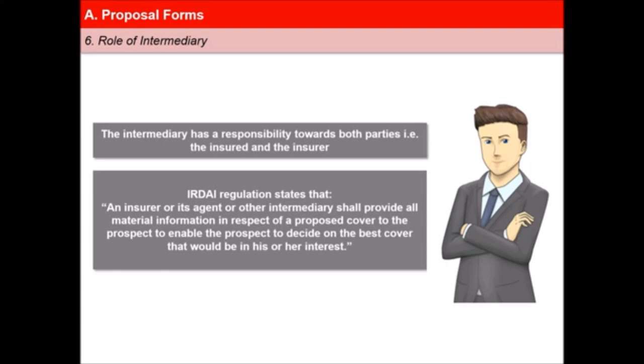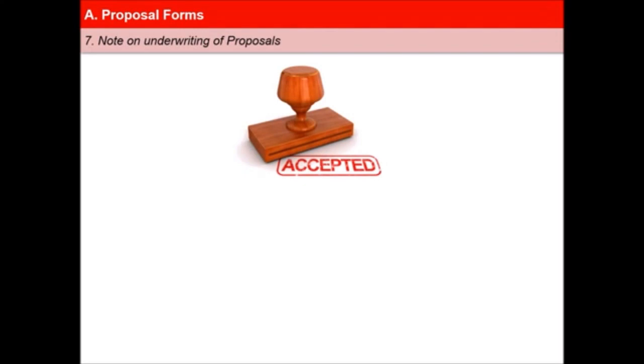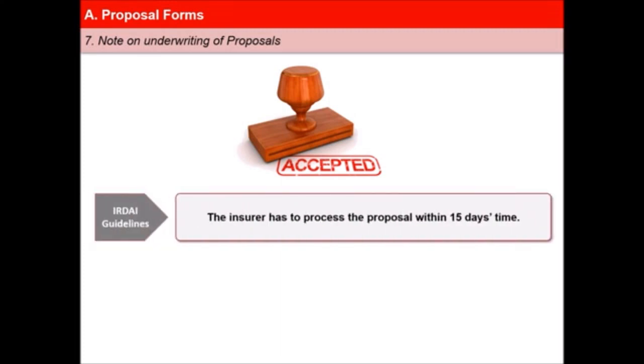After filling the proposal form, if it is accepted, then the proposals are processed by the insurer with speed and efficiency, and all decisions thereof are communicated in writing within a reasonable period. As per IRDA guidelines, the insurer has to process the proposal within 15 days' time.